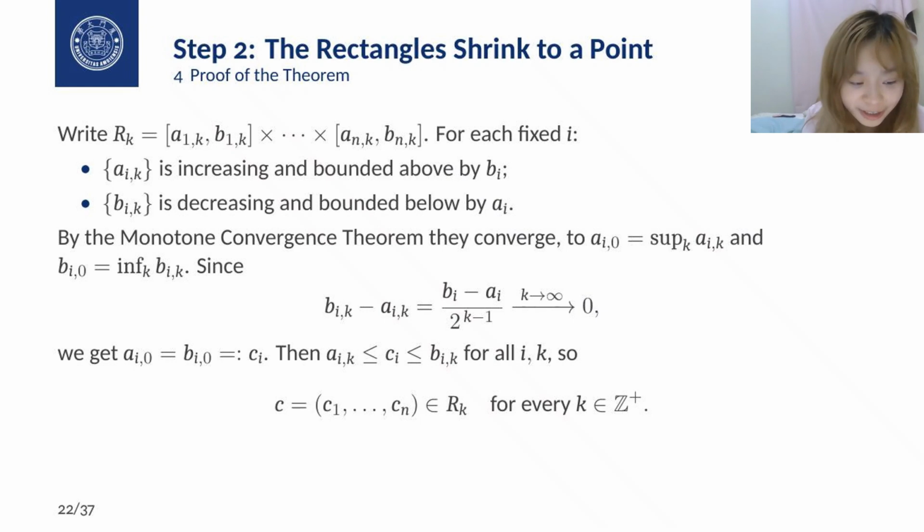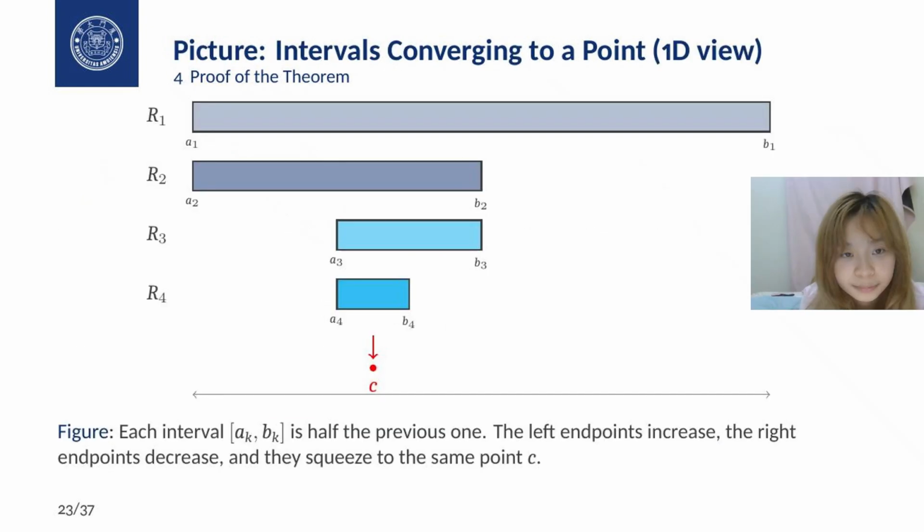For each coordinate i, the left endpoints a_ik are increasing and bounded, and the right endpoints b_ik are decreasing and bounded. By the monotone convergence theorem, they both converge, and the gap goes to 0, so they converge to the same value c_i, and the point C equals (c1, ..., cn) belongs to every R_k. And the picture shows why the intervals converge to the point C.